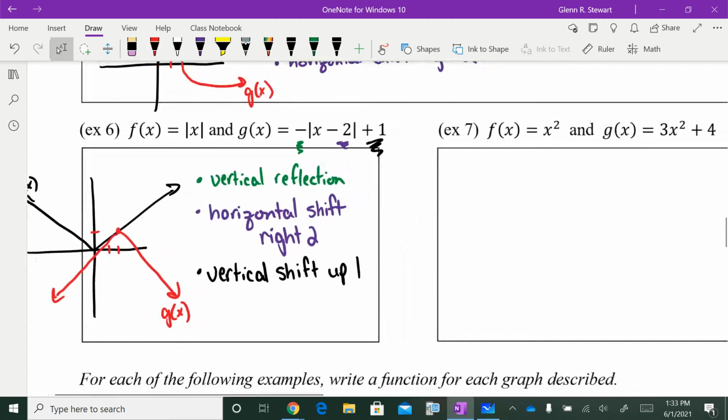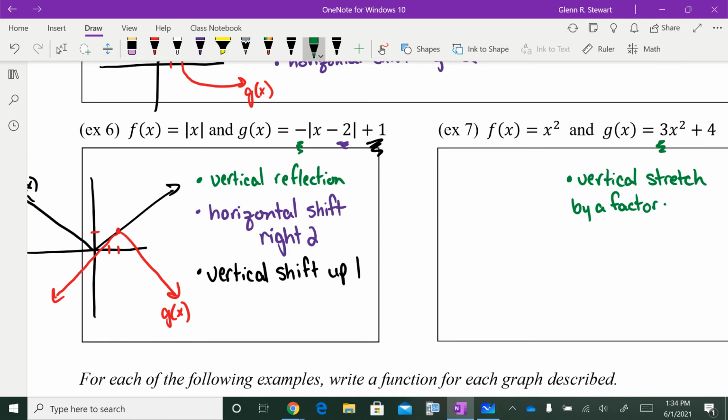Right, and then example number 7. The 3 is actually on the outside, so this 3 would be a vertical stretch by a factor of 3.